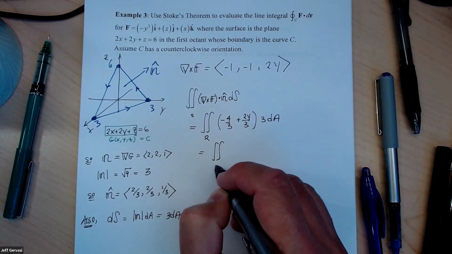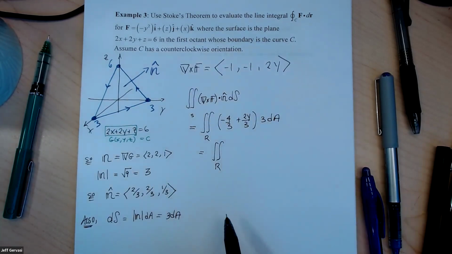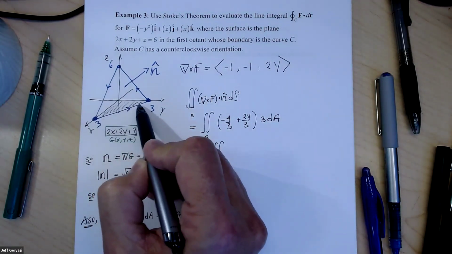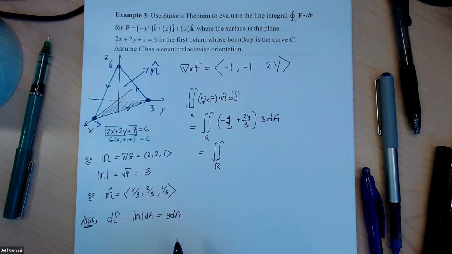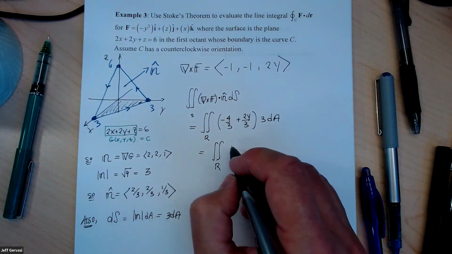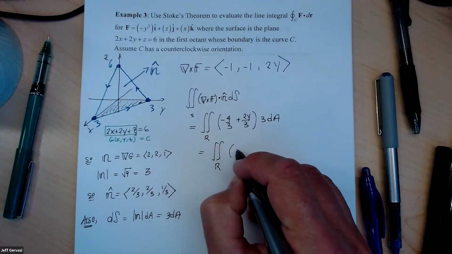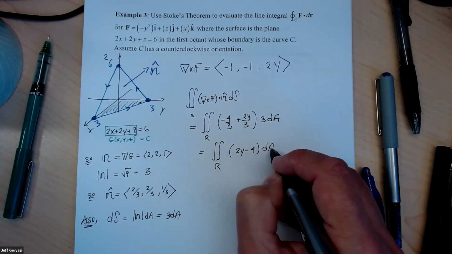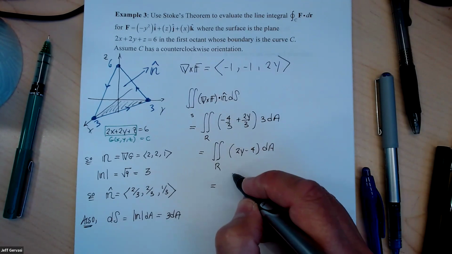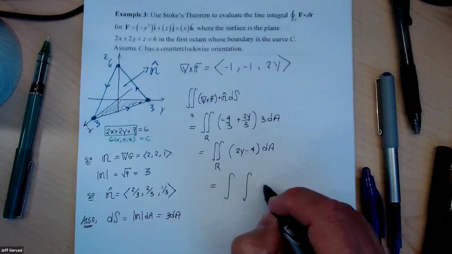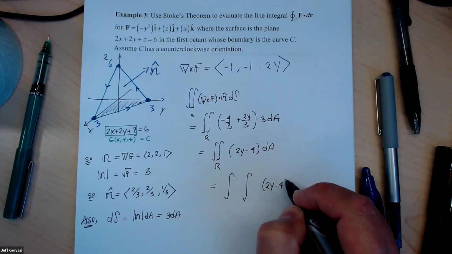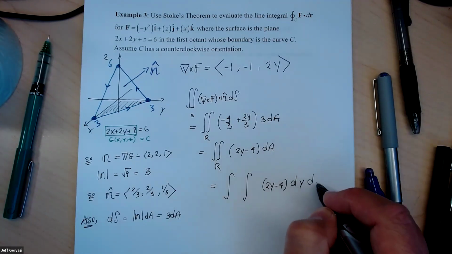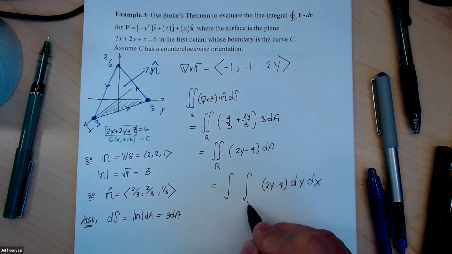Now it comes down to the region R, which is the shadow of that surface in the xy plane. Again, that's going to be this triangular region right here. Okay. All right, so let's see. Simplify that expression, and then set up a double integral for the region R if we integrate with respect to y first and then x.